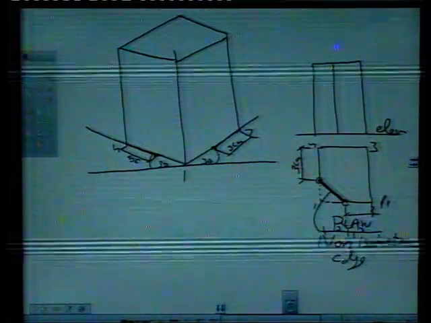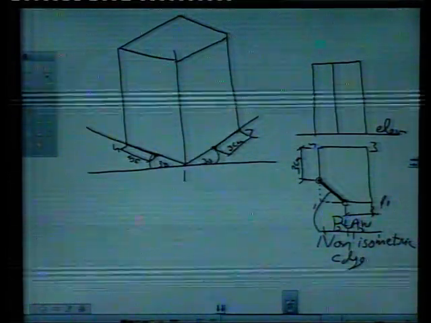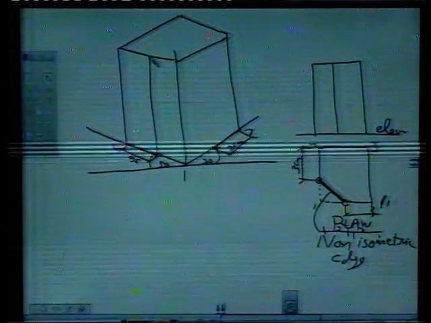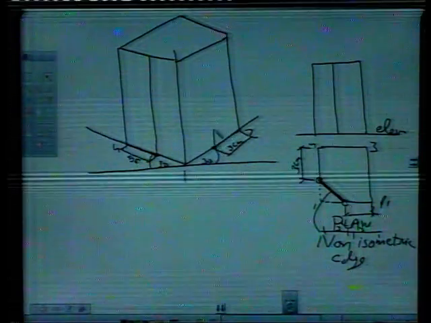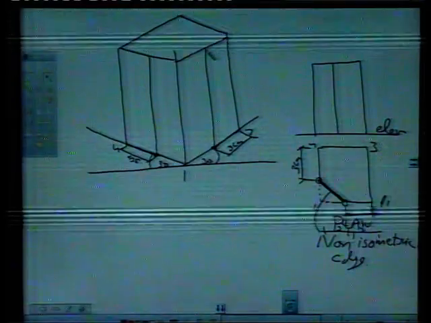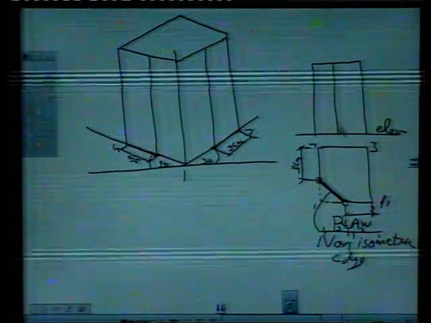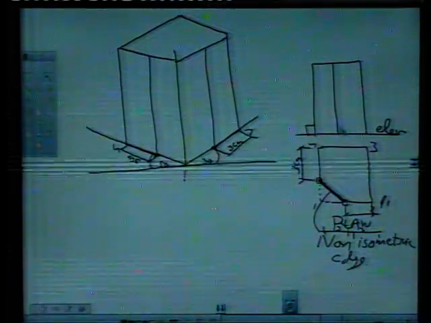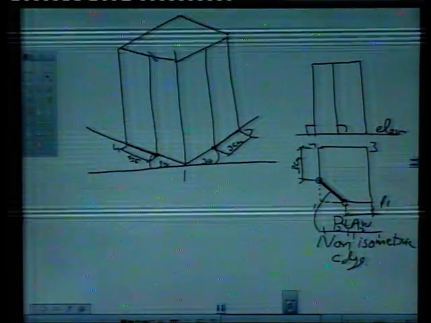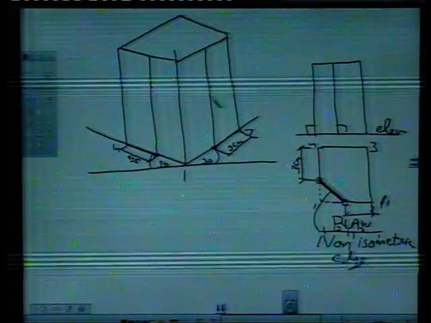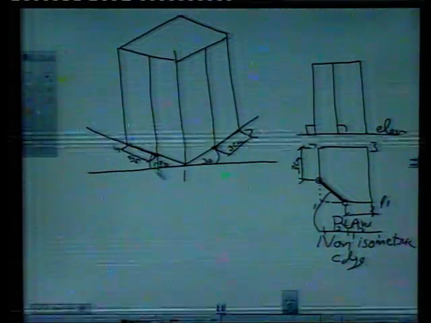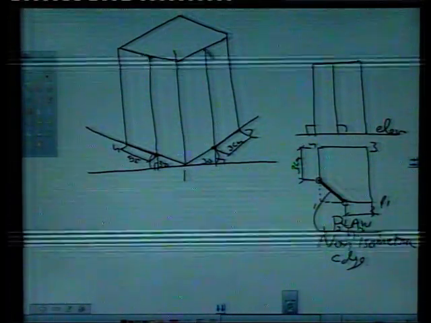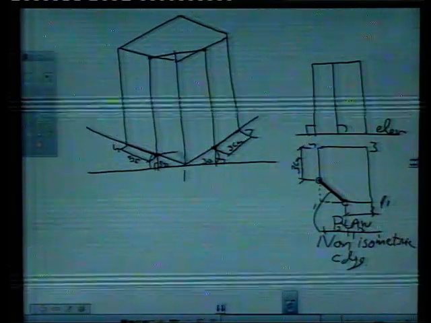Now, as a principle, we know vertical lines remain vertical. Simply draw a vertical line from here and draw another vertical line from here. This is vertical edge, this is vertical edge. That means both these lines are vertical. So we have simply drawn vertical lines with the help of T-square and set square. This here is 90 degree. Clear? Now we have 2 points, point 1 and point 2. Simply join this like this.